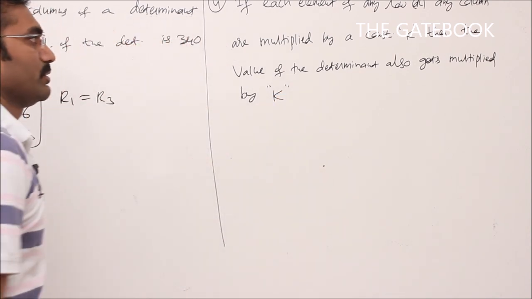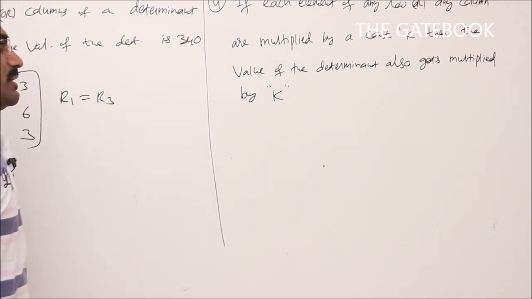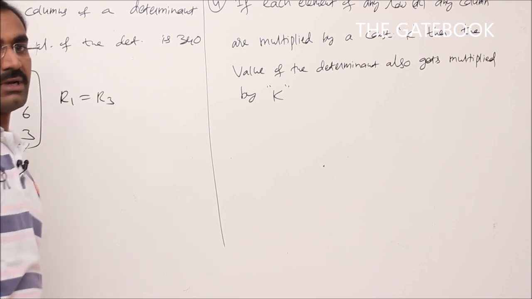If each element of any row or any column are multiplied by a constant k, then the value of the determinant also gets multiplied by k.